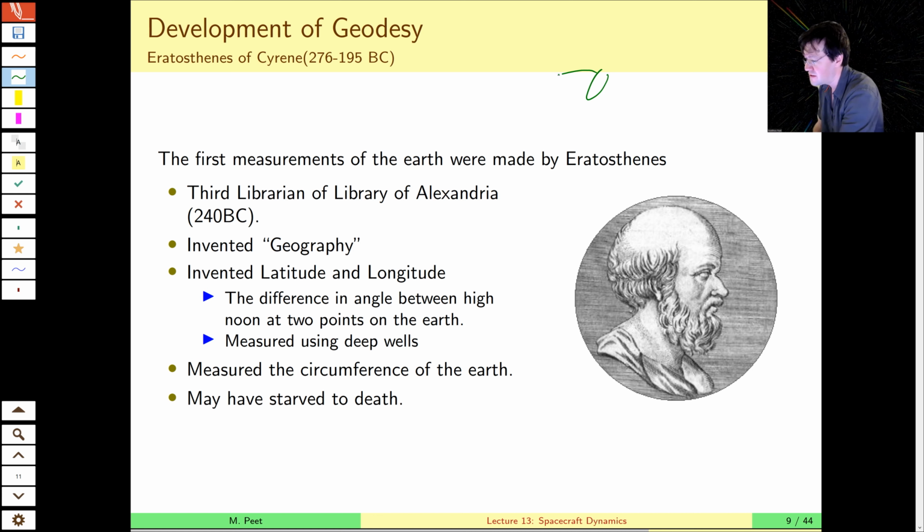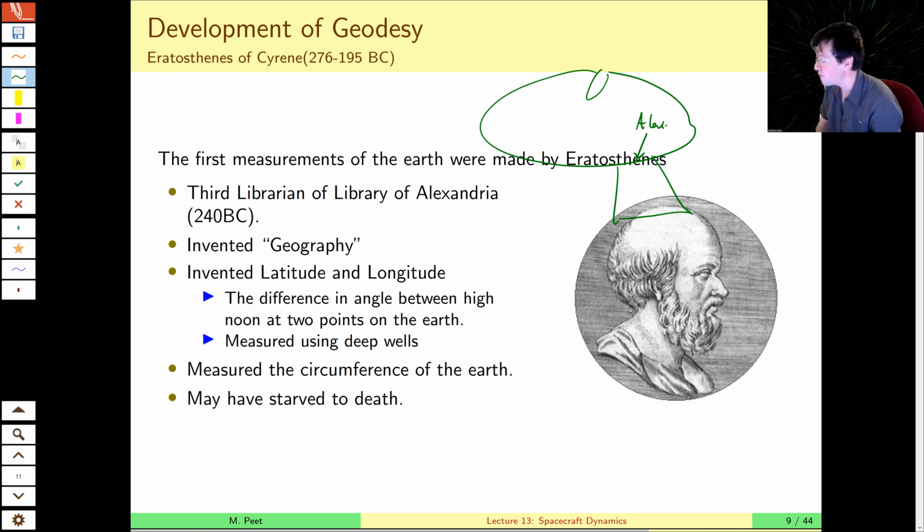There's Italy. Here's Egypt. And there's Alexandria, which had a big library, and that's where all the well-educated Greeks would go to discuss things. And Eratosthenes was the librarian of Alexandria.